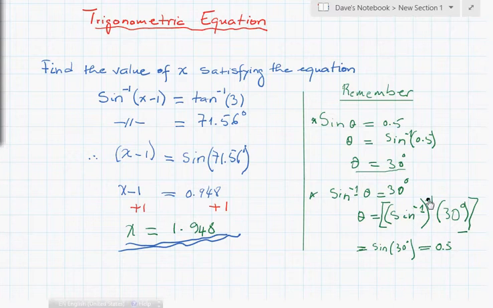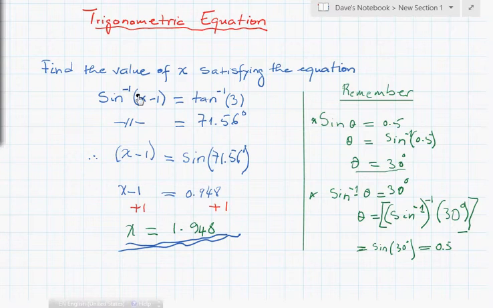But if you inverse it twice, it's going to give you a positive sign. So we have sine of 30 degrees. What is sine of 30 degrees? It gives us 0.5.